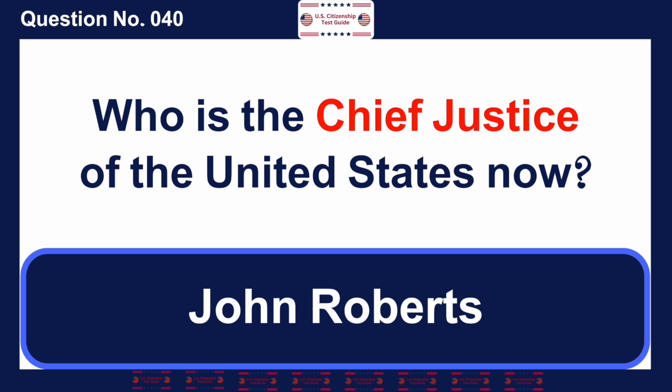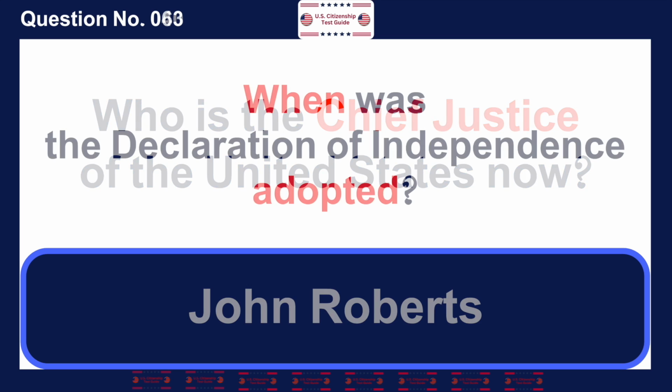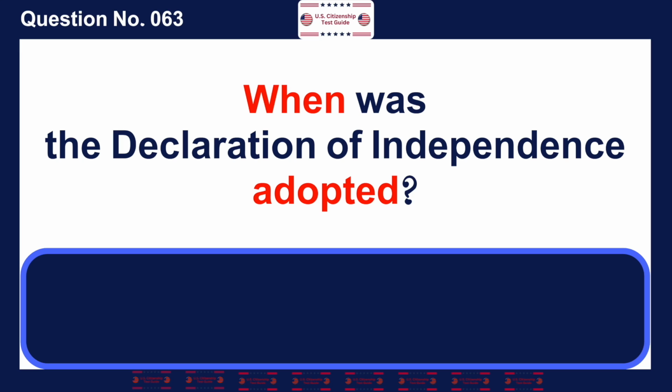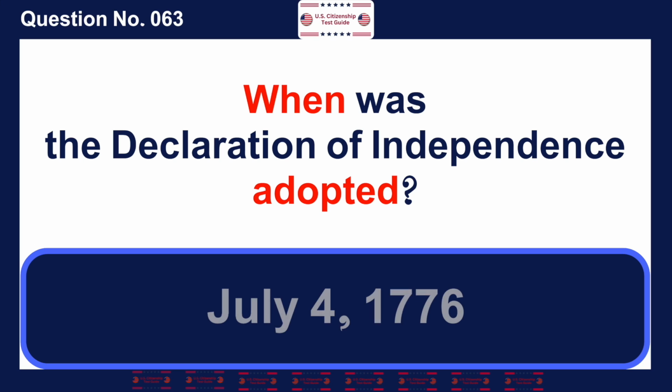John Roberts. When was the Declaration of Independence adopted? July 4th, 1776.